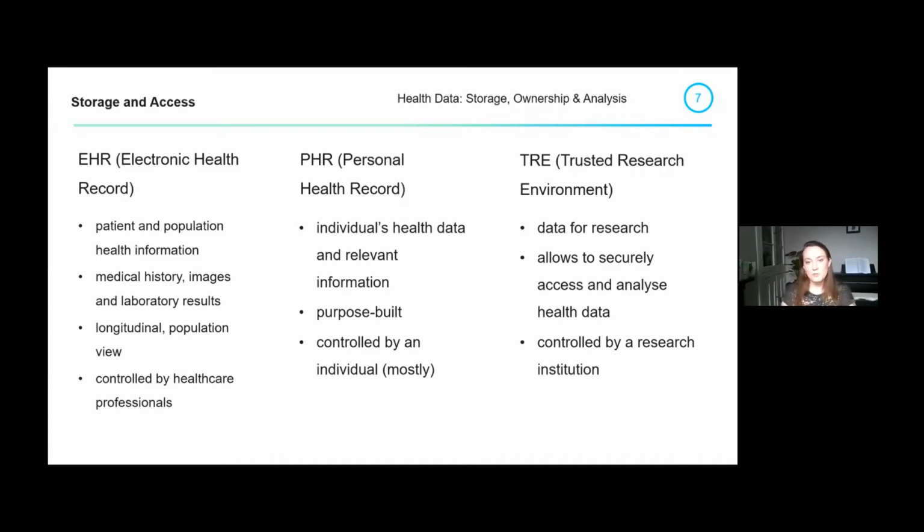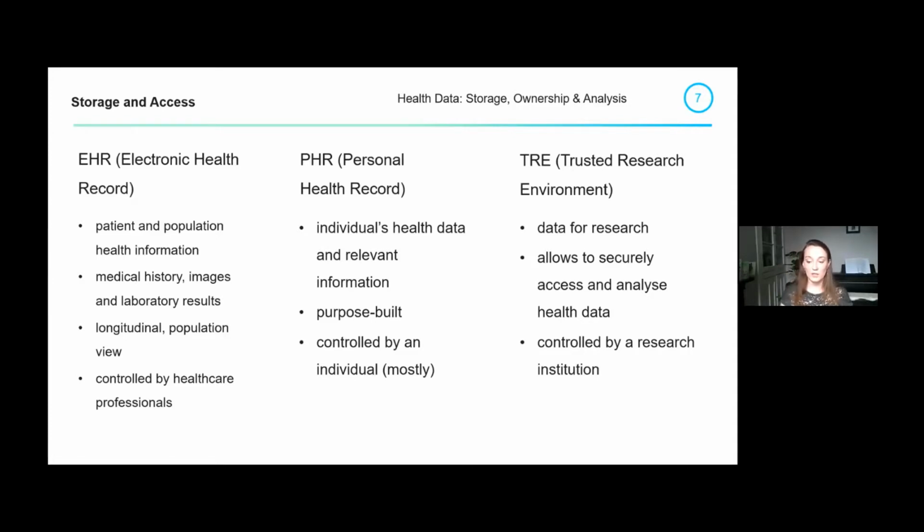And perhaps those were known to some or most of you, but I think not a lot of you will know about the trusted research environment. So this is the third layer, and to me it's quite interesting as it contains data for research, and that can be a variety of data.